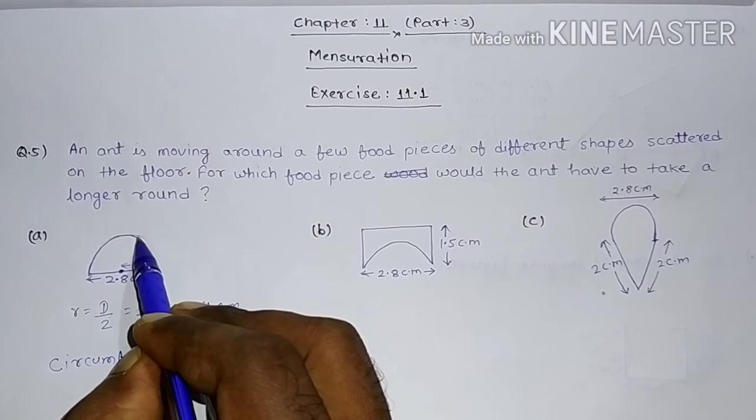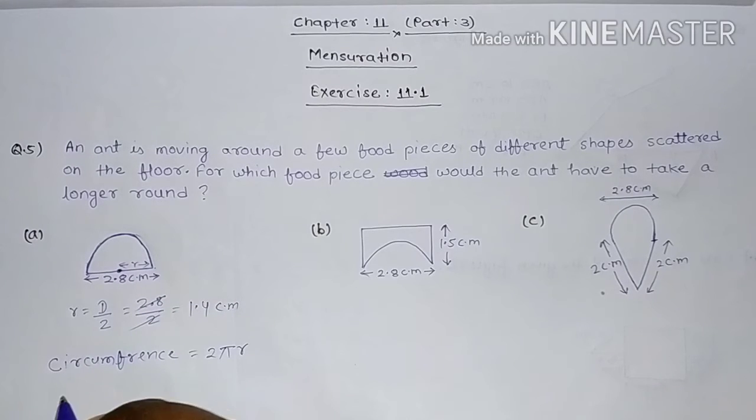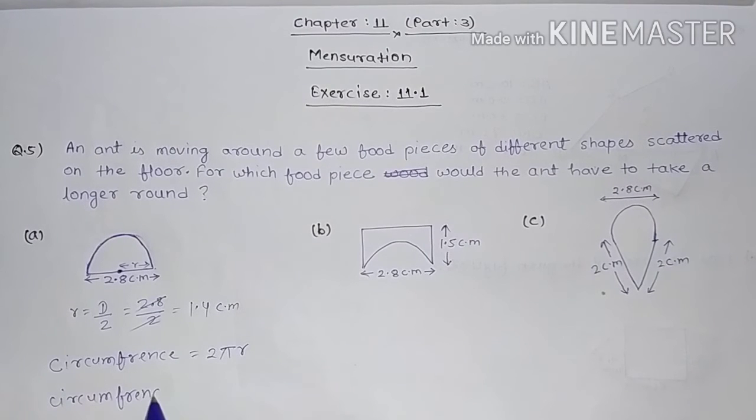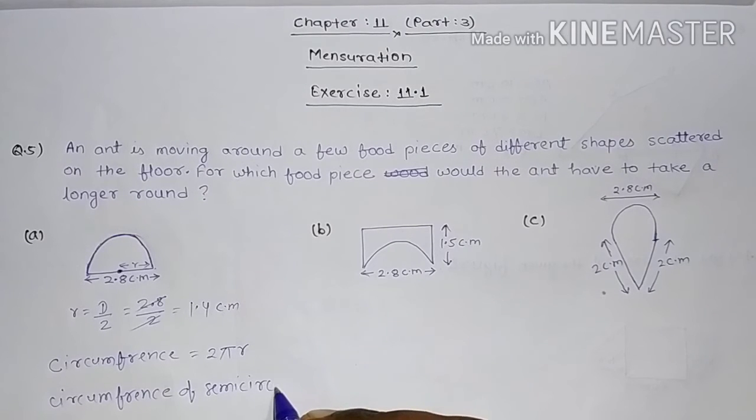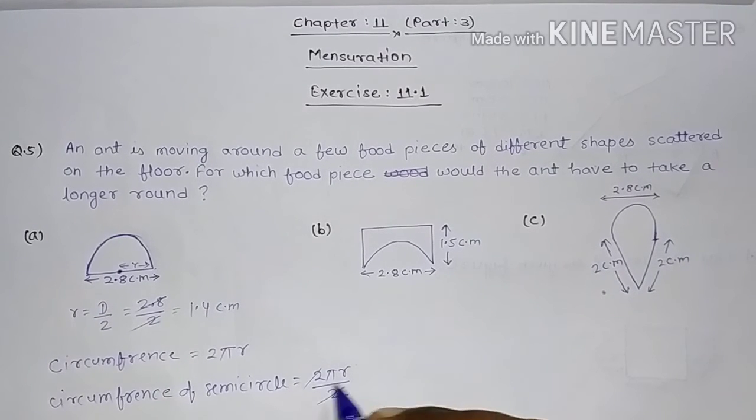So the length of this part, this semicircle, will be circumference of semicircle equals 2 pi r divided by 2. Simply 2 cancels out, this will be pi r.